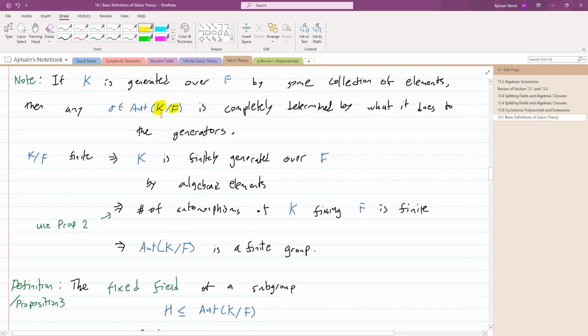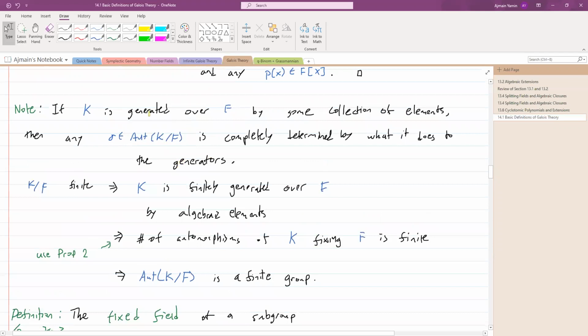You're just taking polynomial combinations of those generators with coefficients in the smaller field. So if you know what sigma does to the generators, then you know what it does to a polynomial combination of the generators as well.